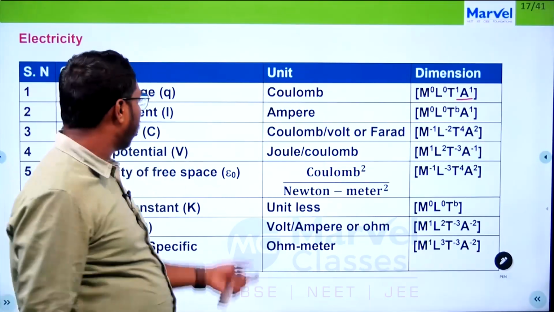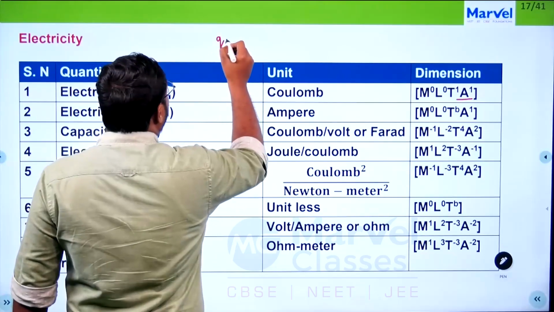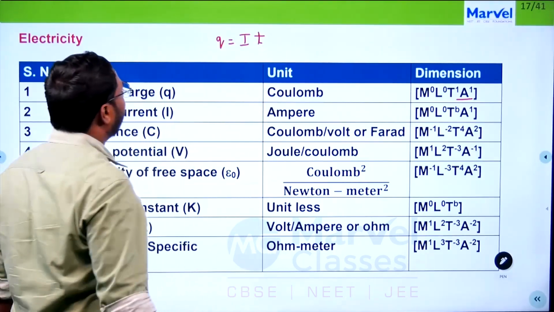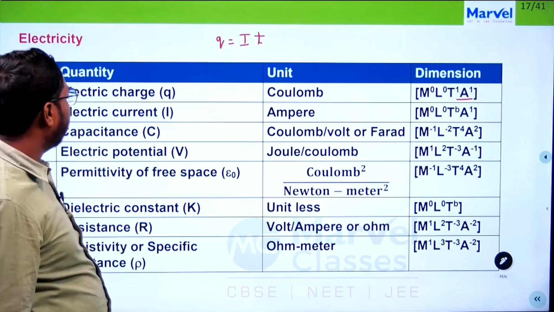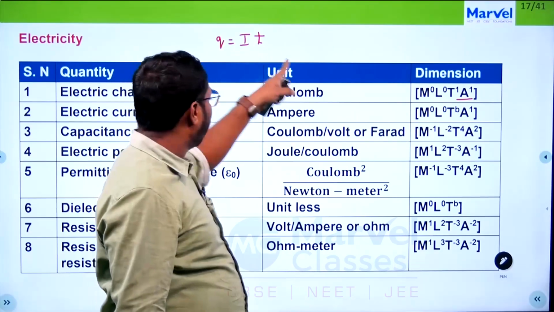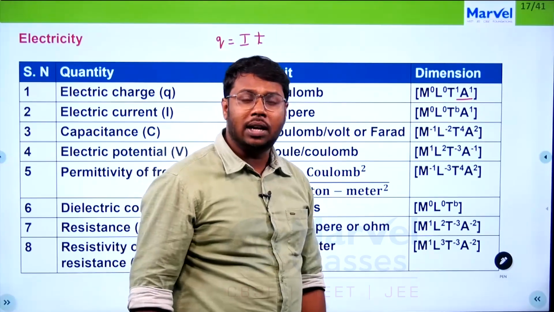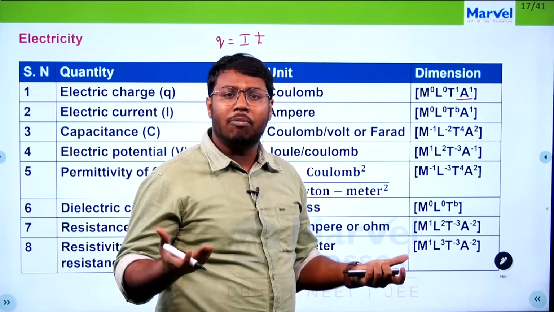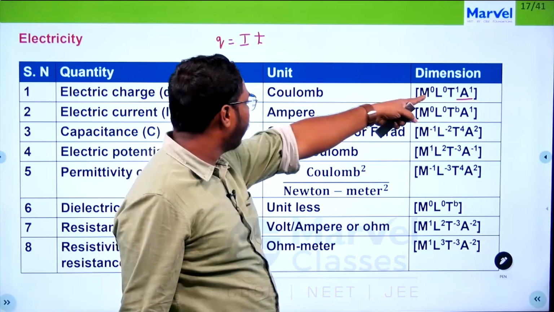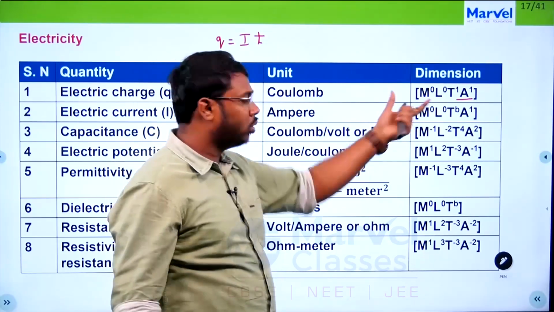Whenever you come across current, you have to write it like this, because Q is equal to I into T. See, for I, A power 1, and for T, T power 1, whereas M power 0 and L power 0, which means that it doesn't have the dimension of mass and length at all. It only has the dimension of the current and time. So, this is how I reduce this.